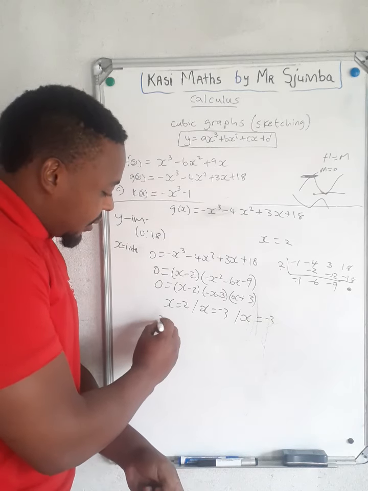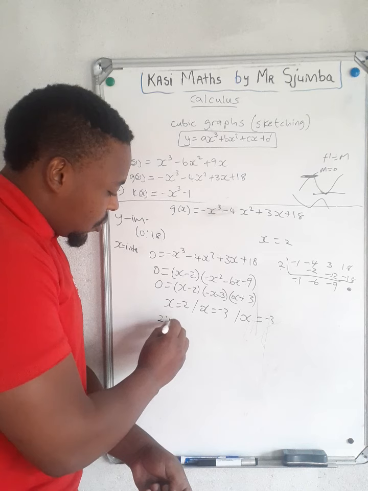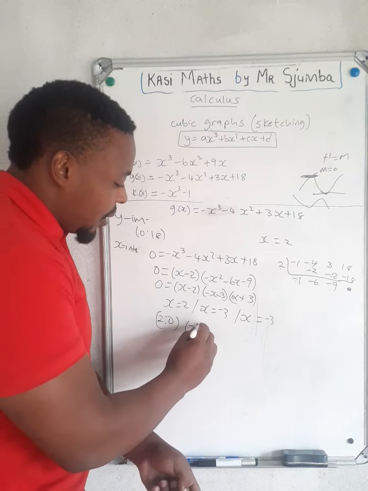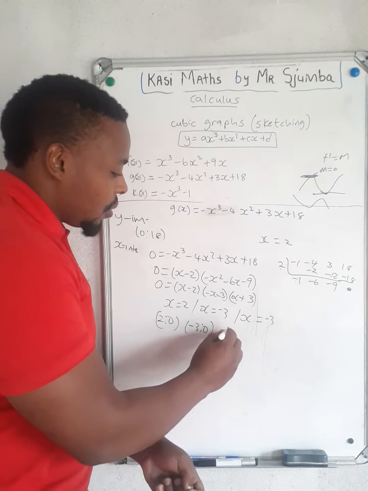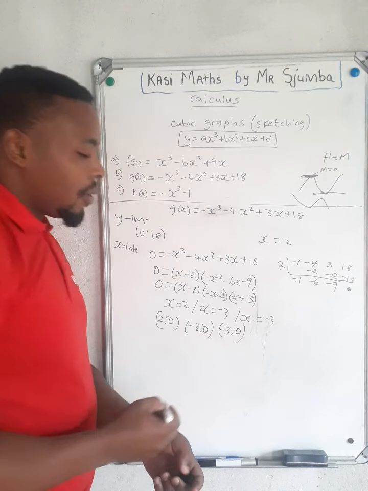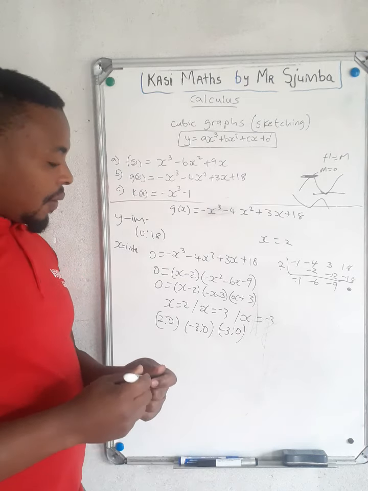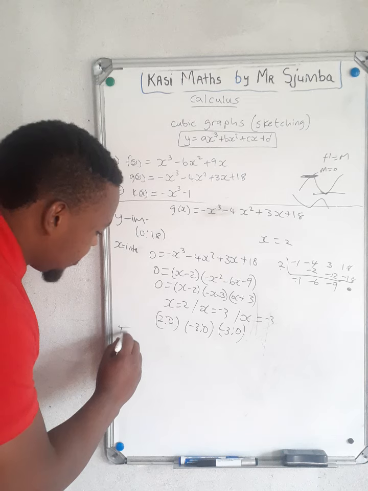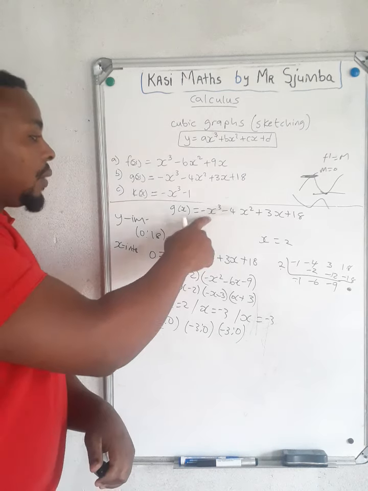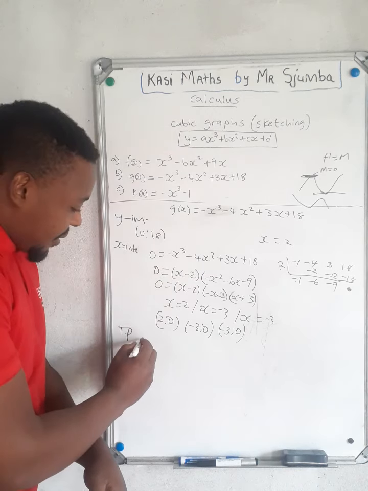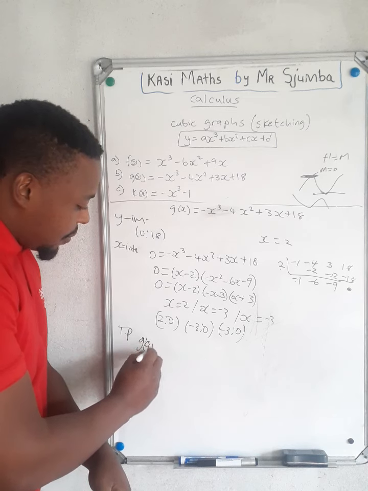So our x-intercepts are 2 comma 0, minus 3 comma 0, minus 3 comma 0. Right. And then for the turning point, we know we have to derive. We must derive our g, g prime.